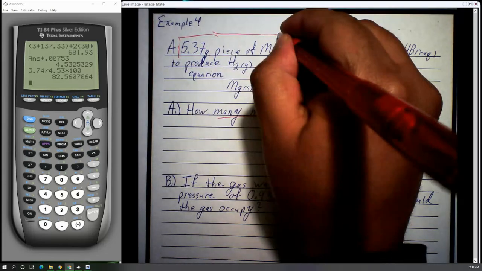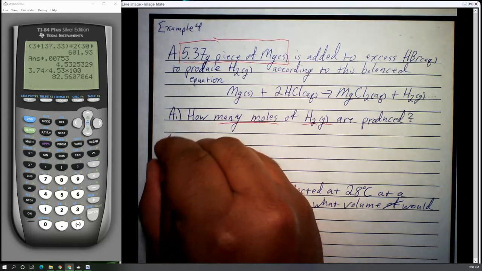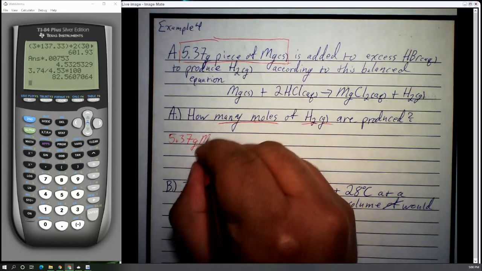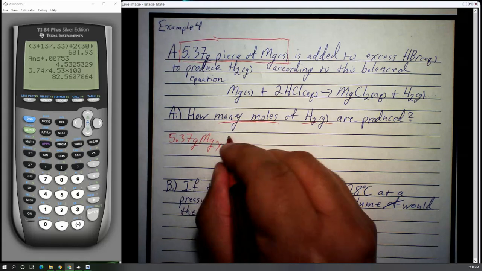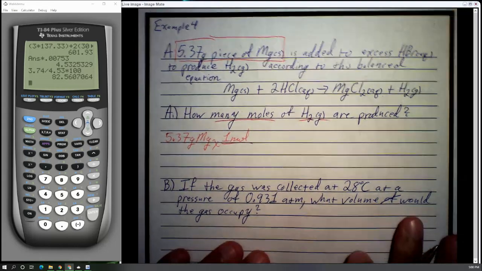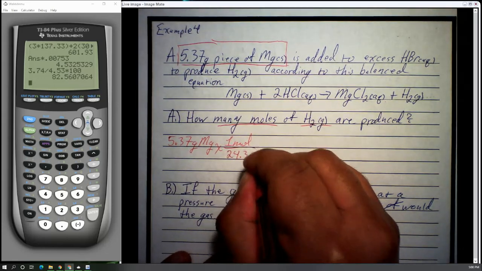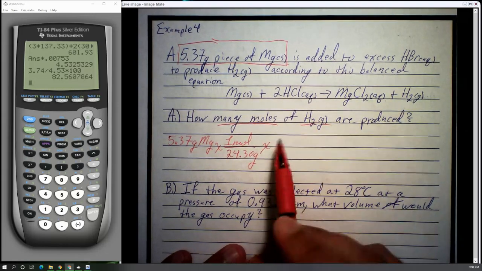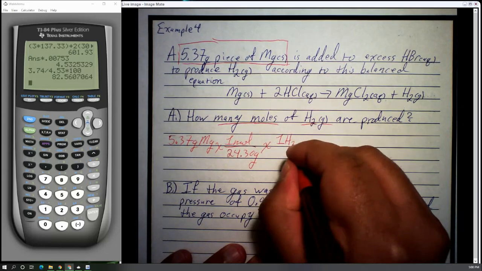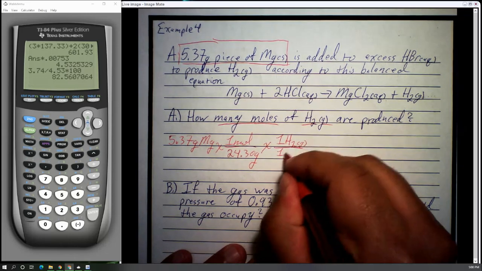So we need to convert the grams of magnesium into moles of hydrogen gas. So we're just going grams to moles, so that is a two-step problem. Divide by the molar mass of what we're starting with. So check that, that's 24.30. And then we multiply by the mole ratio of hydrogen gas, one of those, to every one magnesium.